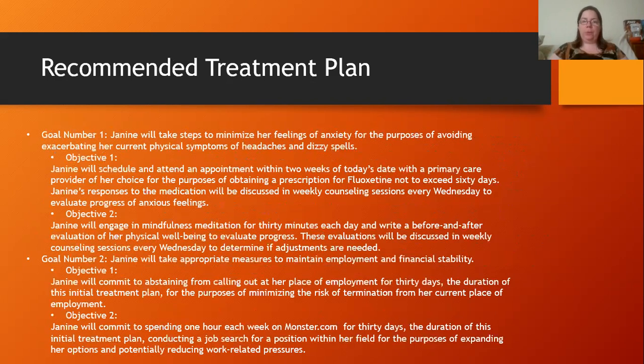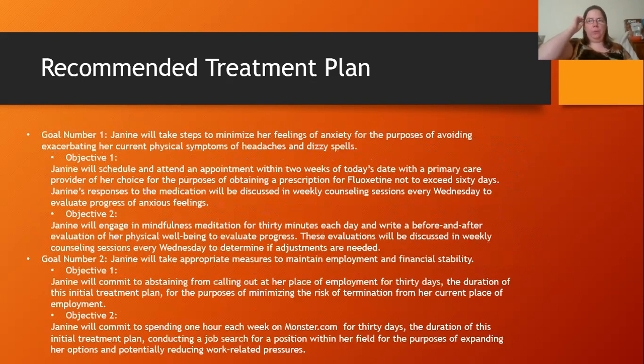These evaluations will also be discussed in weekly counseling sessions every Wednesday to determine if adjustments are needed, if she needs to meditate longer when she does this, or if she will need to meditate more frequently to reduce her anxiety levels.